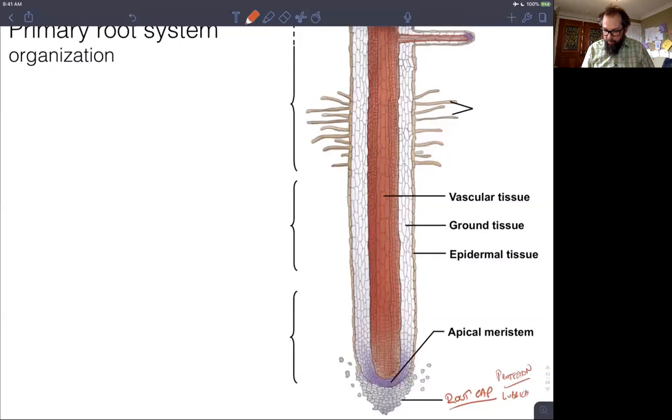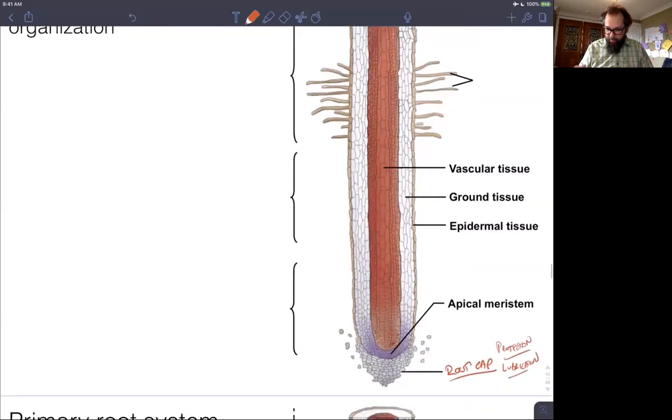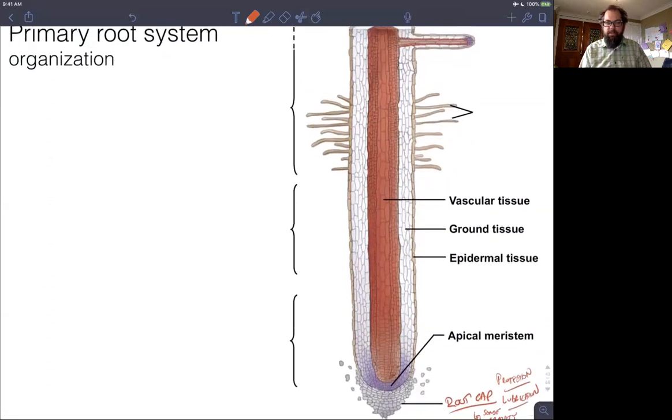So the root cap will actually excrete some lubrication to allow the root to move through the soil a little bit more easily. The other part that's important is the root cap also helps to sense gravity. And so there are some specialized organelles in the root cap cells that actually sense gravity and let the plant know which direction is down, which direction is up.